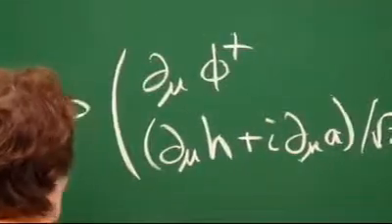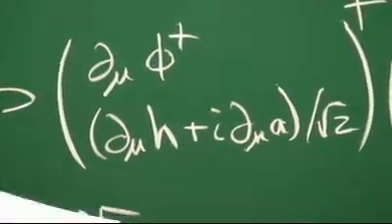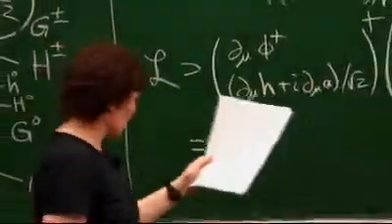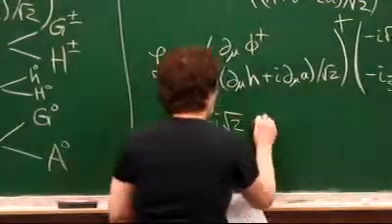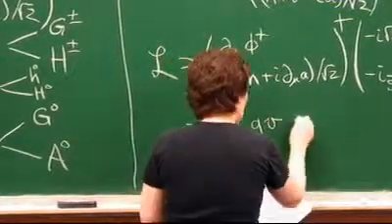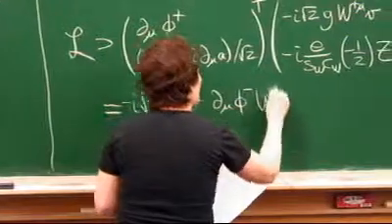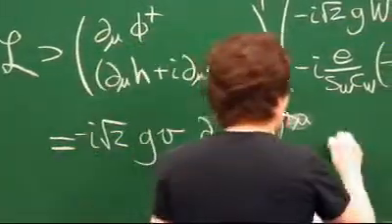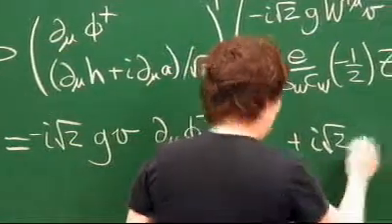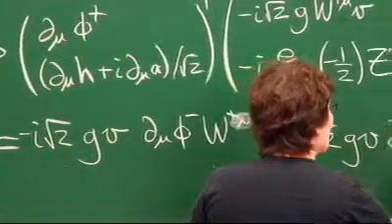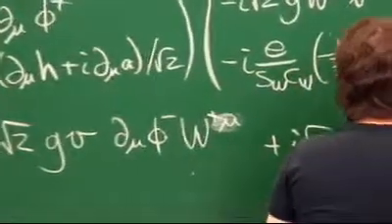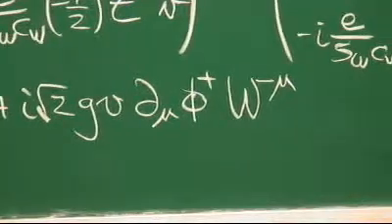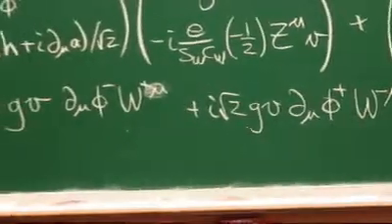Okay, I'll write it out. So from the first term here, I'm just taking this thing, Hermitian conjugate, and multiplying it by the other side. So here's a term in which phi plus and minus are becoming, or turning into, a W sort of.